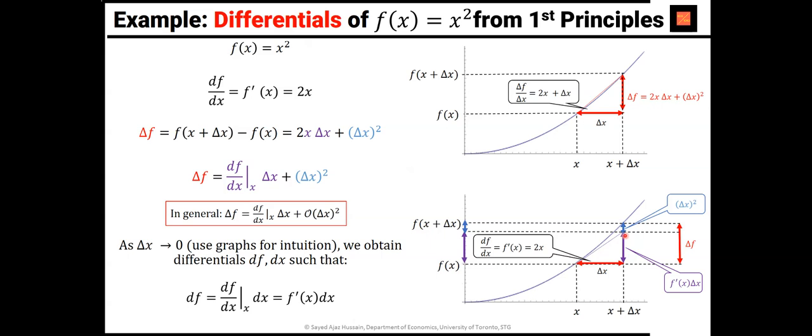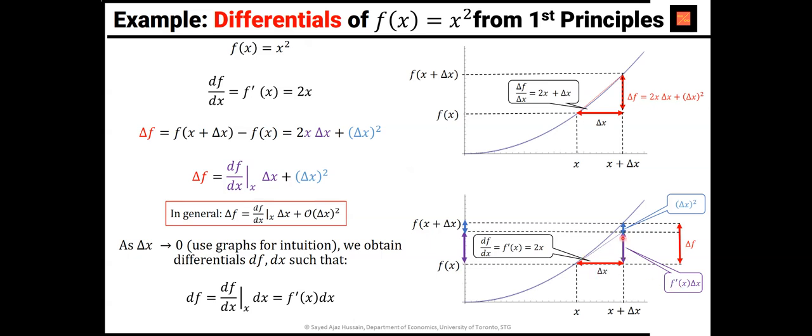So what's the purple rise over the red run? It's your derivative, 2x. This is the slope right here, 2x, multiplied by the run, which is delta x. So this vertical distance is the slope, f prime of x, multiplied by delta x.